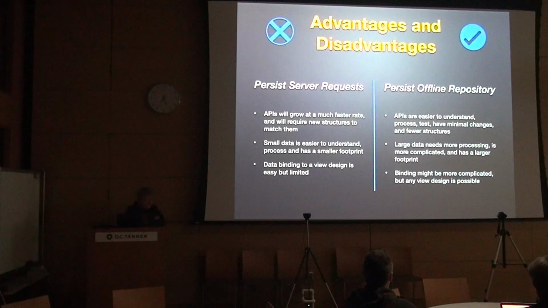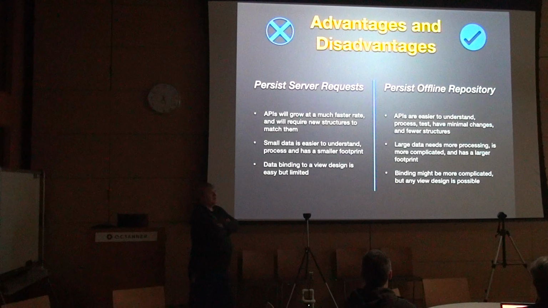So let's talk about advantages and disadvantages for each one. With APIs, this is really typical: they will just grow like crazy. Let's say you're doing Codable and you've got your structures. Every time someone adds a feature, usually there's one to who knows how many APIs that you need to add on.